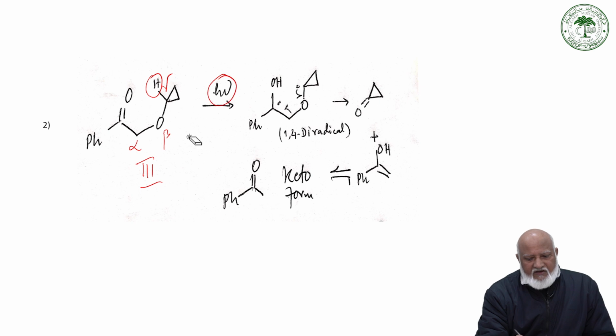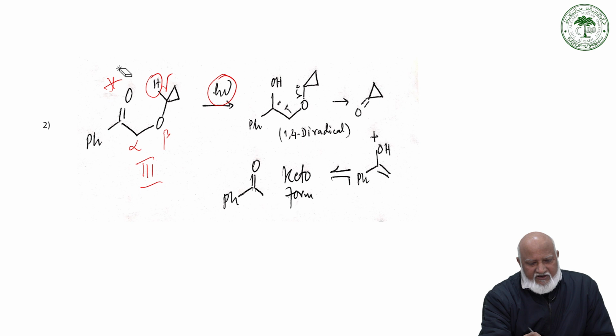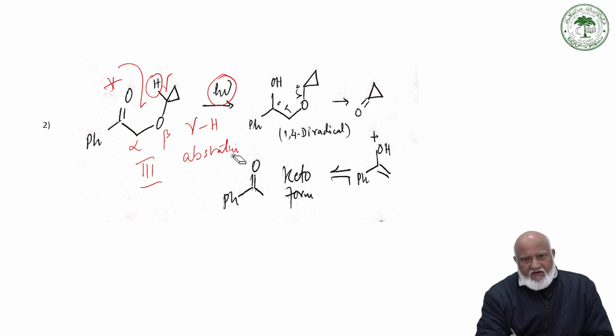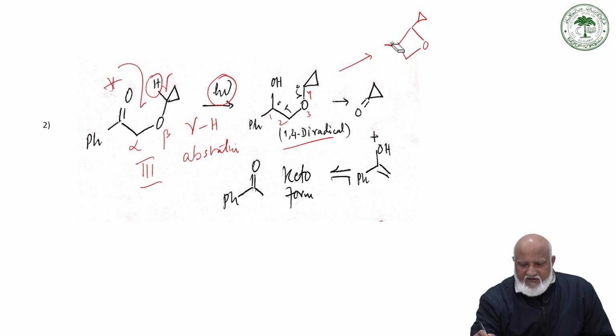In the presence of light, the carbonyl gets excited, goes to an excited state, and the excited carbonyl abstracts the gamma hydrogen to give a 1,4 diradical. 1, 2, 3, 4, a 1,4 diradical, and since there is a cyclopropyl group and there is oxygen, of course if you combine this diradical, it looks like this.